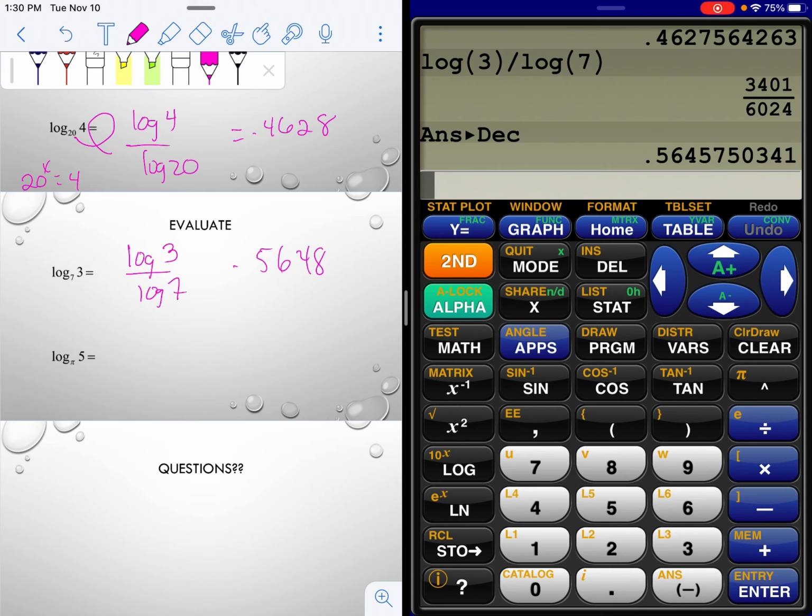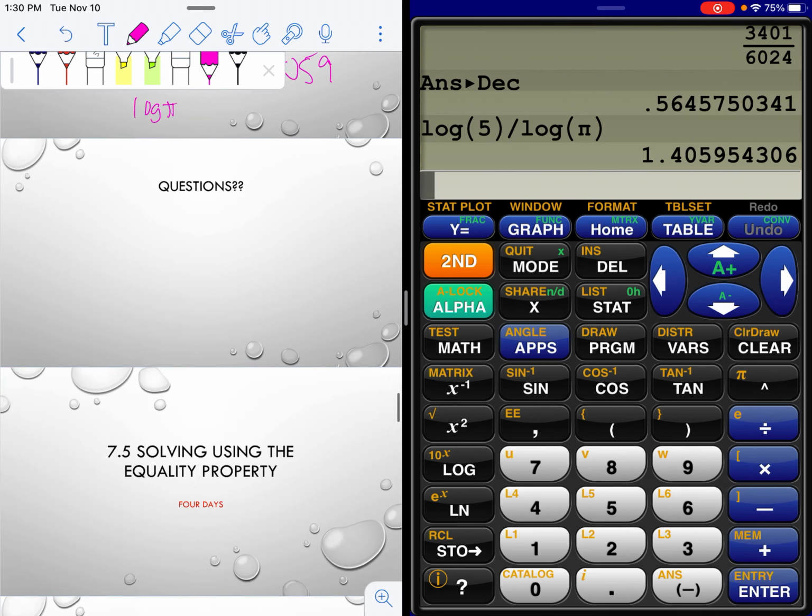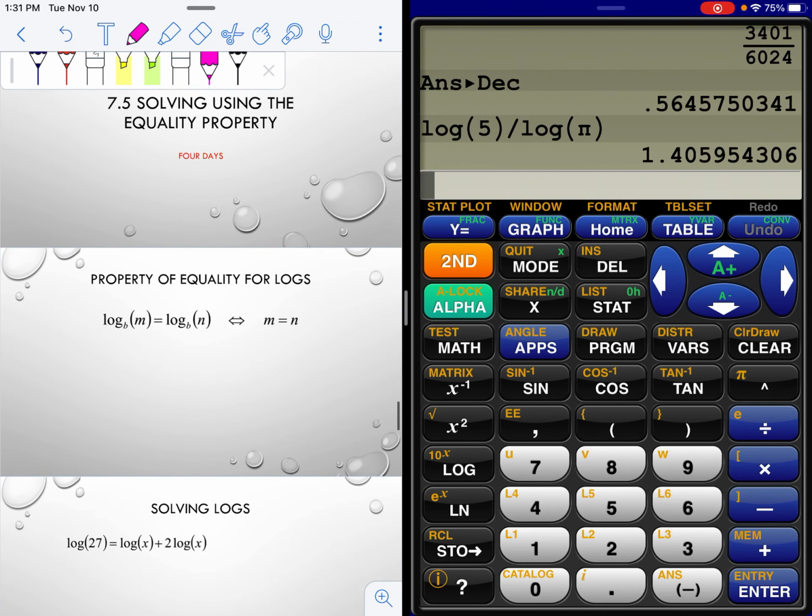And the last one, log of 5 divided by log of pi, which is 1.405. You're going to see more of that change of base formula once we get into solving the logarithmic equations for an unknown.